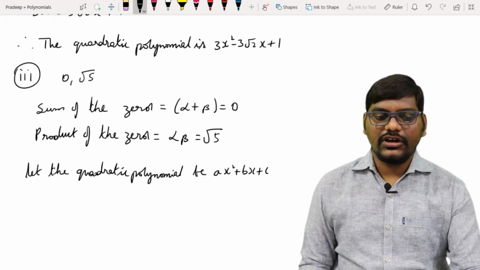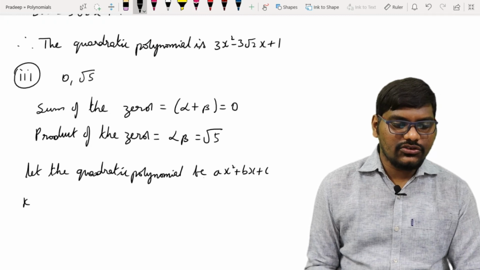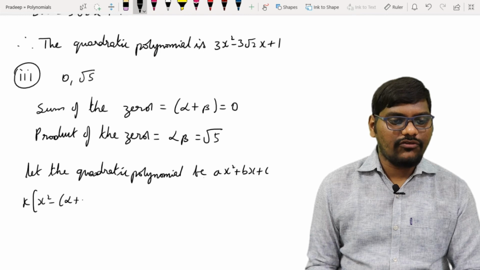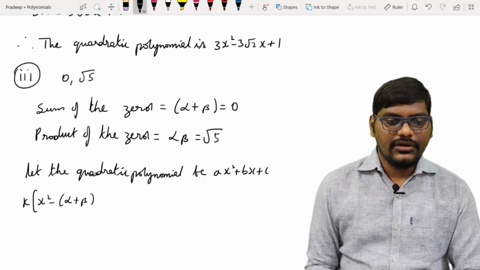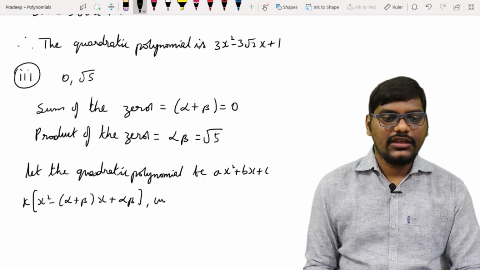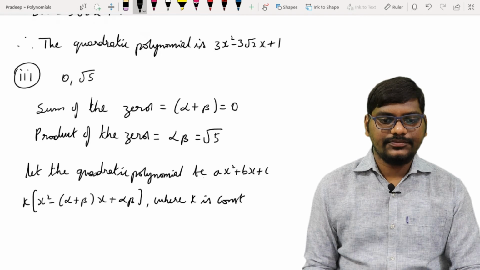Okay, so what is the equation when sum and product are given? That is k into x square minus (sum alpha plus beta) x plus alpha beta, where k is a constant, as we already know.